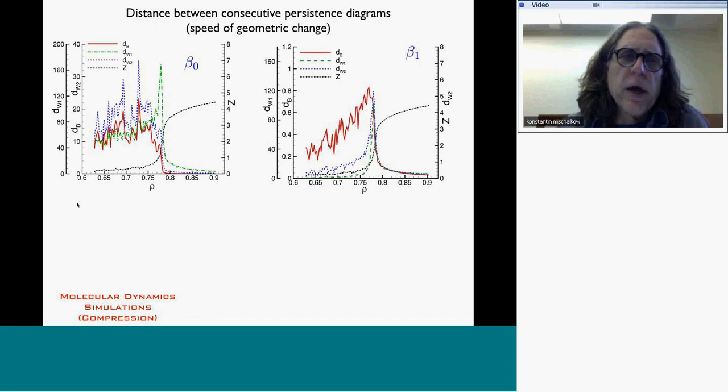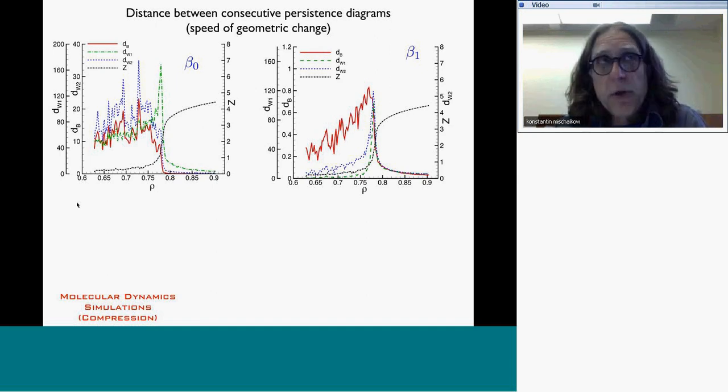These different metrics: in red we have the bottleneck distance, in green we have the W1 distance, and in the blue dash we have the W2 distance. The black one that's marked Z is just keeping track of the number of contacts between particles. For today's talk it's irrelevant, except that it gives us an idea of when the particles come together.